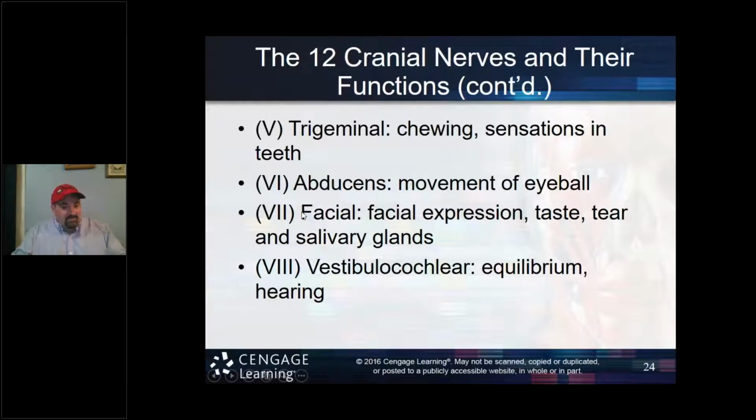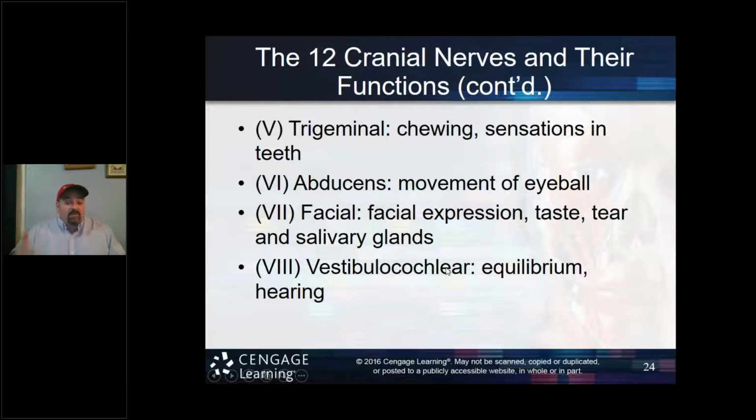Cranial nerve number 7 for the muscles of facial expression, as well as sense of taste and control of tear and salivary glands. So this would be lacrimal glands, tear production, salivary glands for saliva.